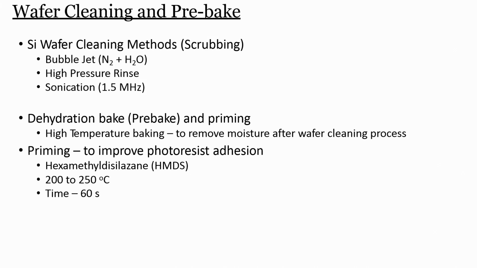Dehydration or pre-baking can be done by high temperature baking to remove moisture after the wafer cleaning process. Priming is used to improve photoresist adhesion. HMDS is used. HMDS is hexamethyl disilane, and that is used to improve the adhesion of a photoresist onto the substrate.